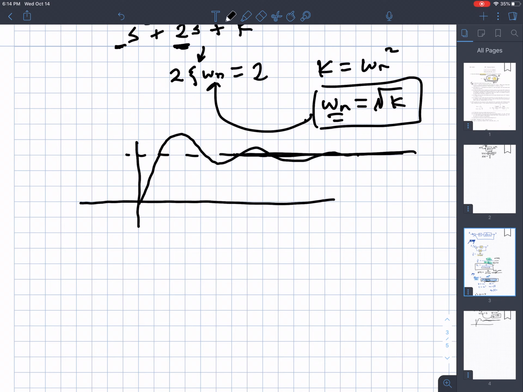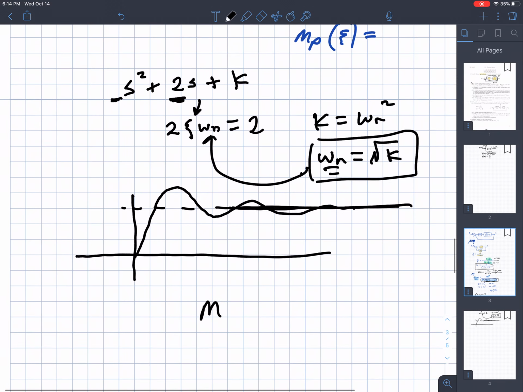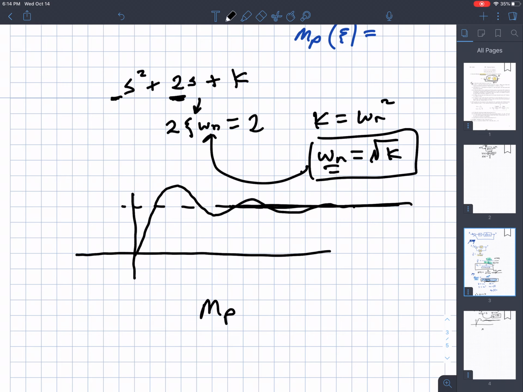You want to relate this back to performance parameters for a step response. Okay, so I don't have these formulas memorized, but I know that overshoot, the book calls that MP. It's a function of zeta. And so you can look up that formula in the book, and if you had a certain value of zeta, you can then go back and calculate the overshoot.